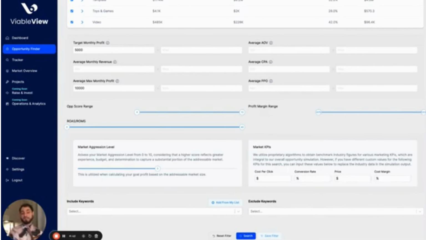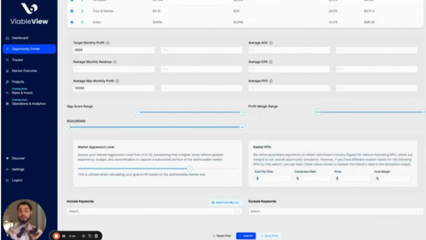Ultimately, it's a gauge of how aggressive you're going to be, what portion of the max profit you want to obtain, right? So I'm going to slide it up to 7. And generally, it would reference your experience level, your budget level, and your ability to actually execute on it. So I'm going to slide it up to 7 for me. If you were just starting off selling, though, you would be down here at 1, 2, or based on your goal. I'm sliding up to 7 for this exercise.